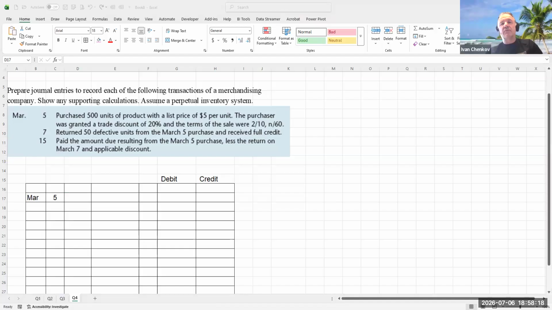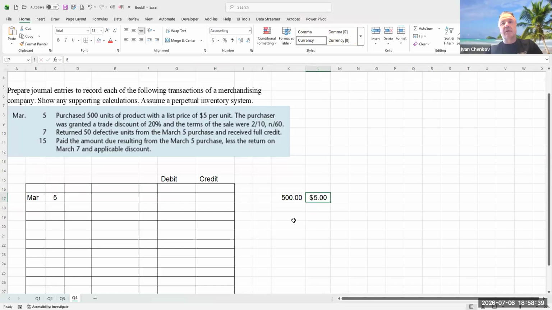First, we have to find out what our purchase price is. If the vendor gives us 20%, now we have to see how much the total is. We have 500 units, and we're paying $5 per unit. So our total cost is 500 times $5, $2,500.